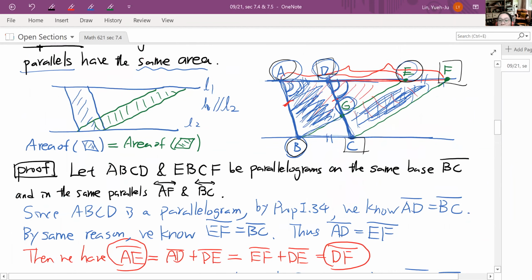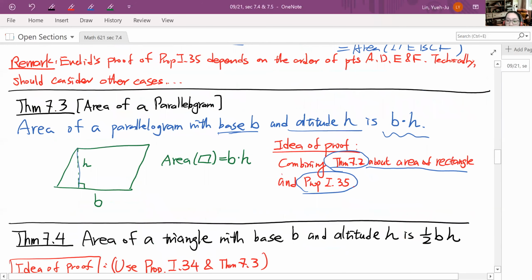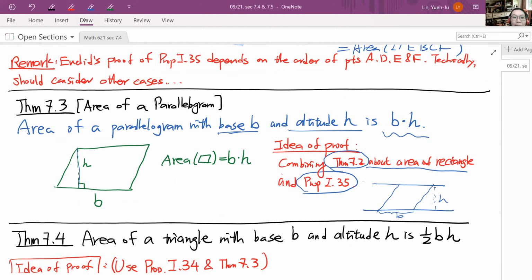Okay, so now you can see the idea of the proof. You have a parallelogram, let me draw the picture here. You have a parallelogram, whatever that is, with a base B and a height h. How do you prove the area is the same as the area of the rectangle? What you can do is just draw a rectangle here.